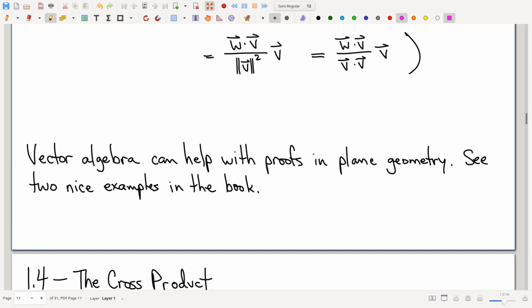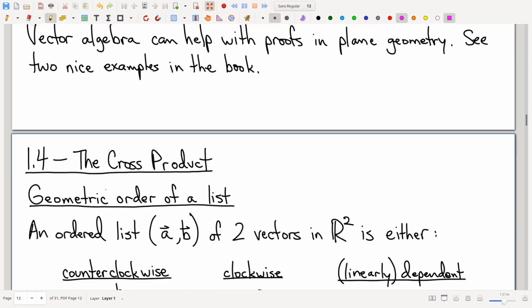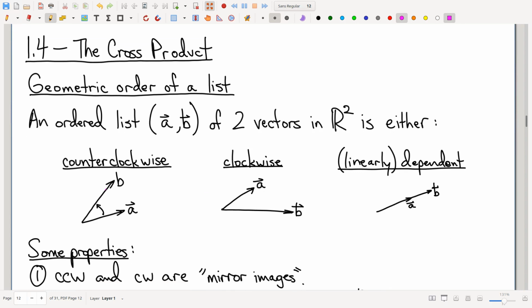So, on to 1.4. Couple of things to say about cross products and determinants and orders that we're going to talk about first here. But yeah, before I get into it, I want to point out every book is different on how they treat these things.